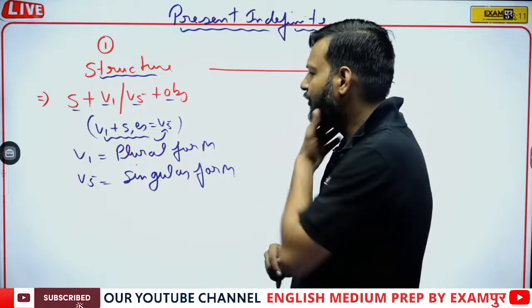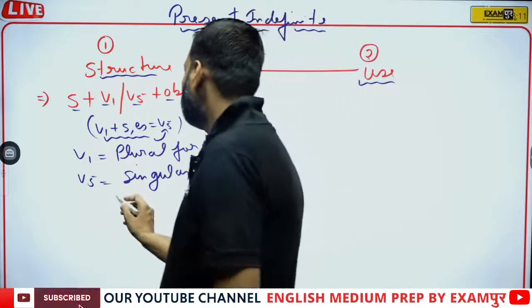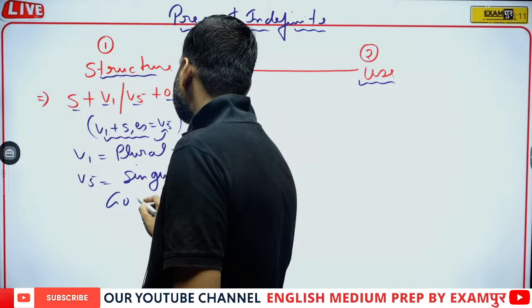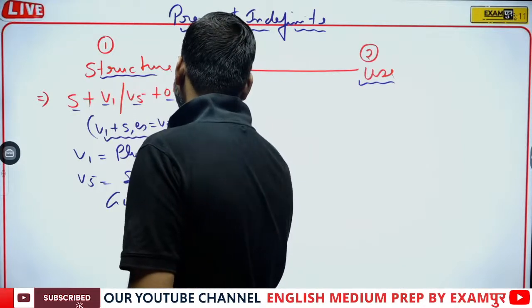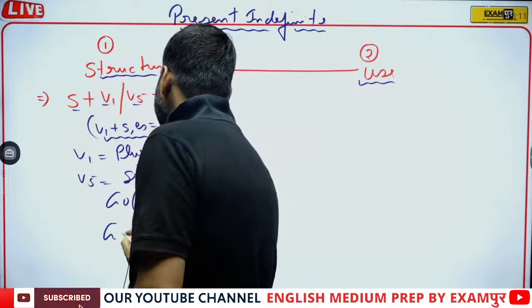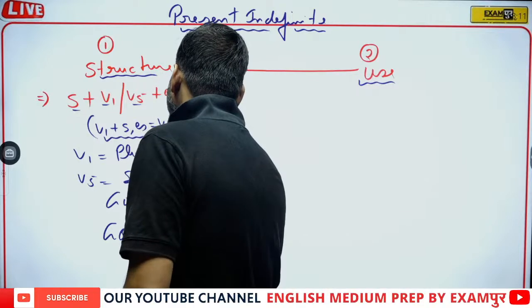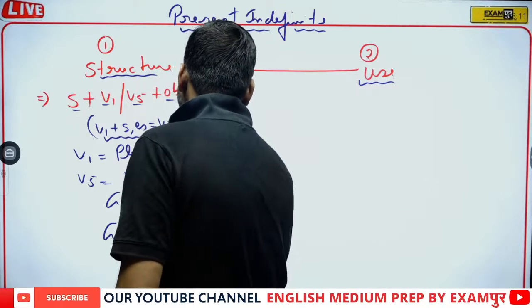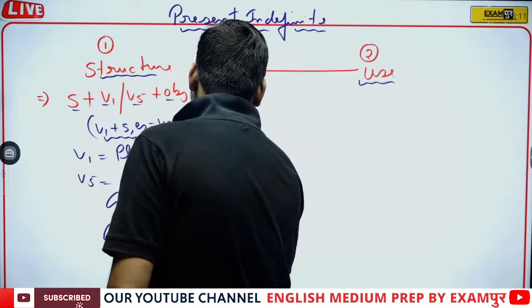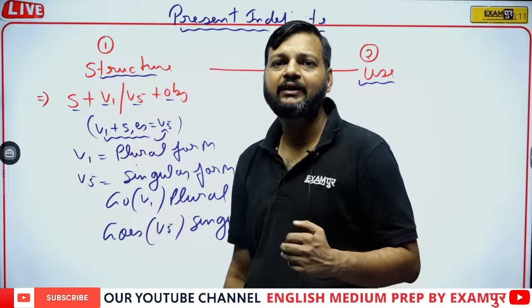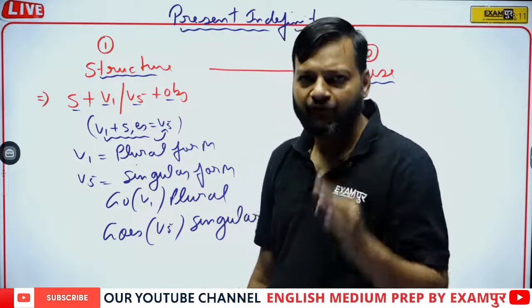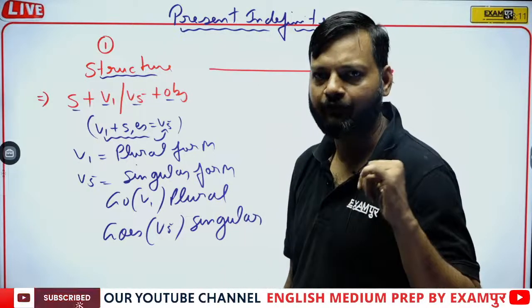For example, if I write go, this is the first form, which is plural, and if I write goes, this is the fifth form, which is singular. So in present indefinite, we use either the first form or the fifth form.